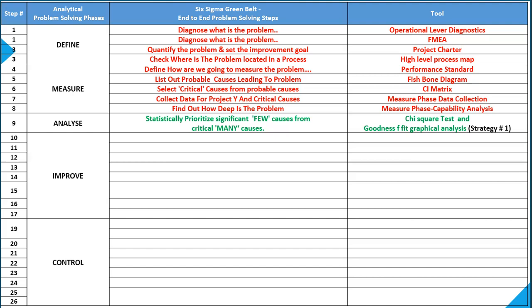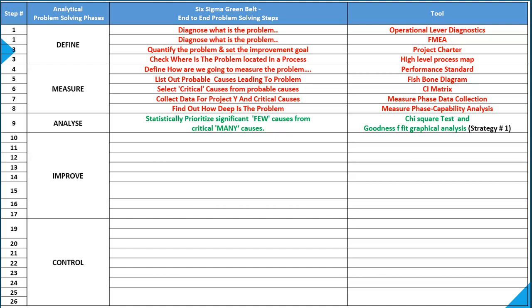So we needed to find out the list of probable causes, and that's what we did. Then we converted that list of probable causes into the list of selected critical causes with the help of the CI matrix.